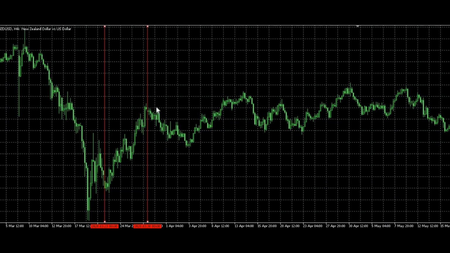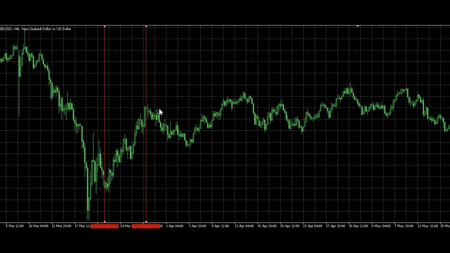Then comes the correction. It's the most important part for us, because after the Elliott wave comes the correction, and we have to define not only the Elliott wave but also the correction, because after the end of the correction we will try to open the trade for the third wave. What about the correction?